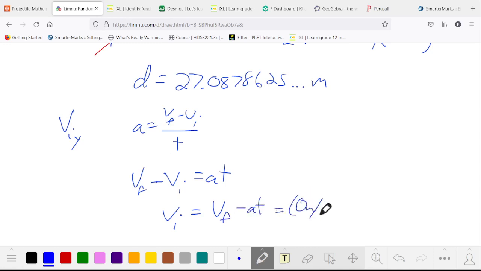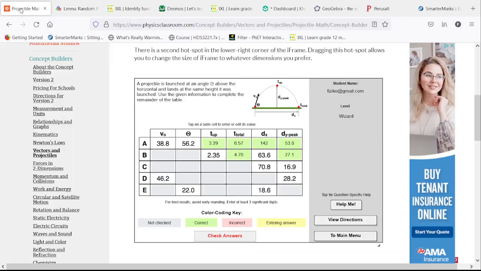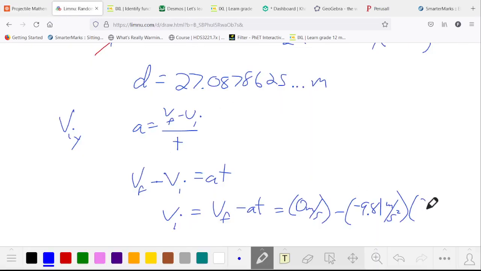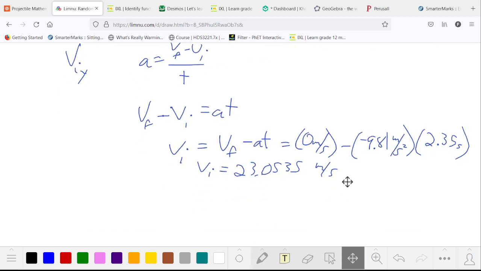Which is 0 meters per second, minus a negative 9.81 meters per second squared, times the 2.35 seconds we had here. So our initial velocity in the y direction is 23.0535 meters per second, which rounds to 23.1.